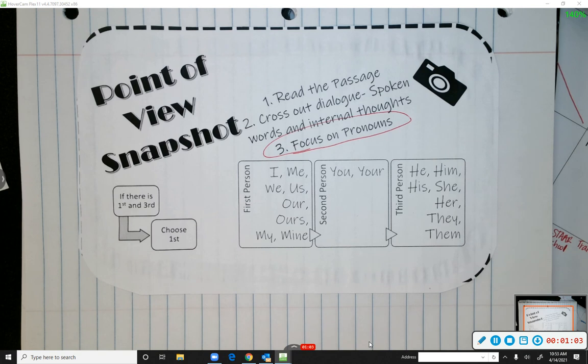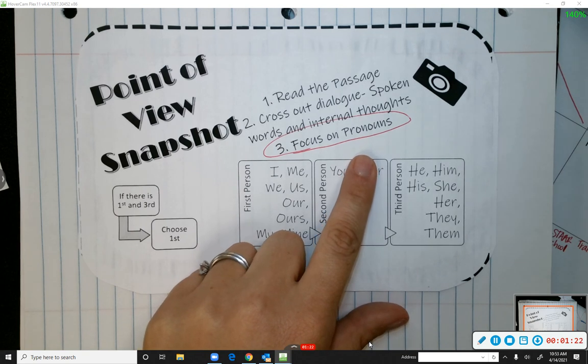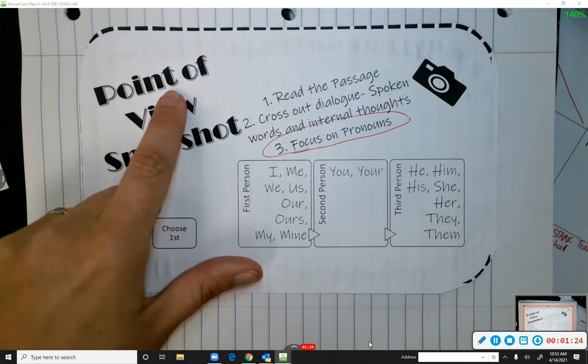Those are pronouns, okay? Instead of saying the team won in your sentences, you could say they won, okay? So pronouns take the place of nouns, okay? So the pronouns are what's going to help you figure out who is doing the talking. So that's what point of view means.